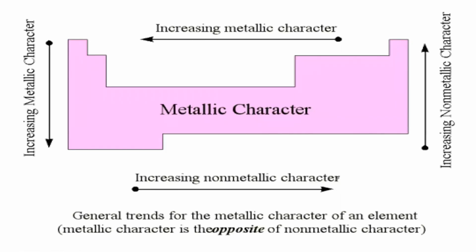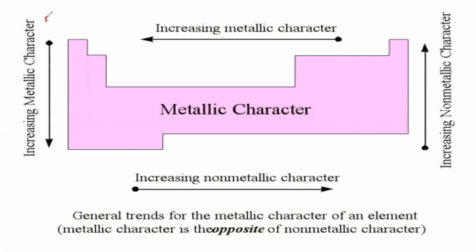Now, if you see the diagrammatic picture: increasing metallic character on the left-hand side, increasing non-metallic character on the right-hand side, increasing non-metallic character upwards up the group, and decreasing metallic character upwards. Increasing metallic character means down the group.